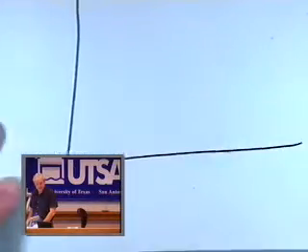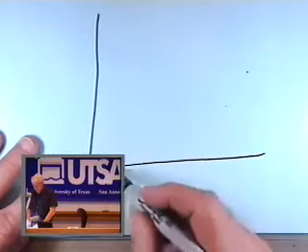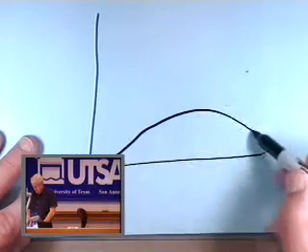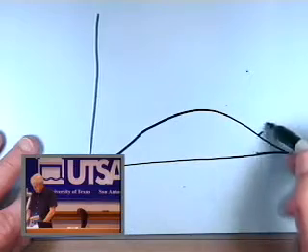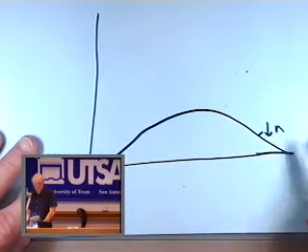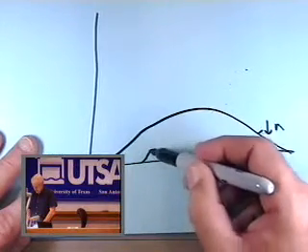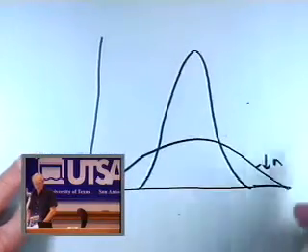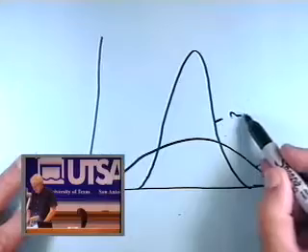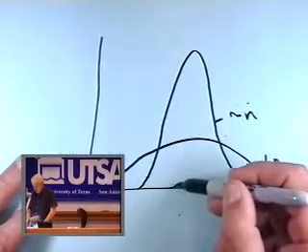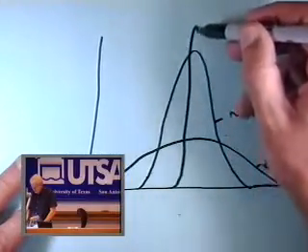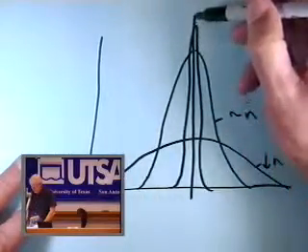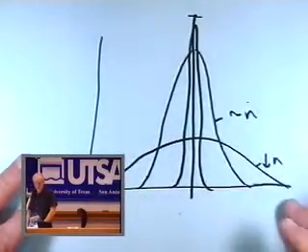I need to zoom out a little bit for this one. With a small n, it's going to look like this. So this is a low n. As we begin to increase the n, medium number, it would look like this. So this is a so-so sample size and a very high sample size, and we're assuming that the mean would stay the same in this case.